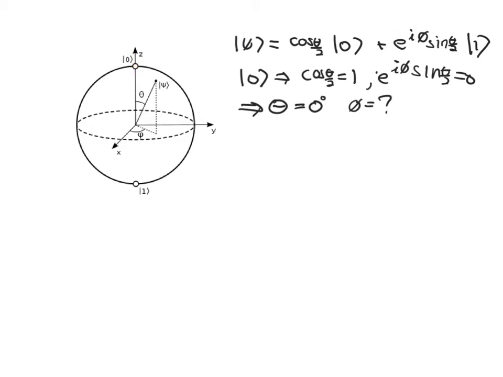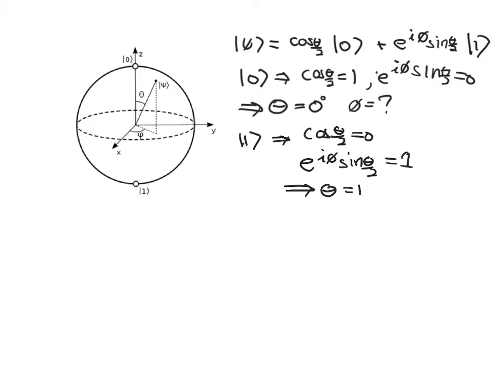And then similarly, the 1 basis state, that must mean that cosine theta over 2 has got to equal 0, and e to the i phi sine theta over 2 has got to equal 1. So that implies that theta has got to equal pi radians. I guess I should have put this in radians.